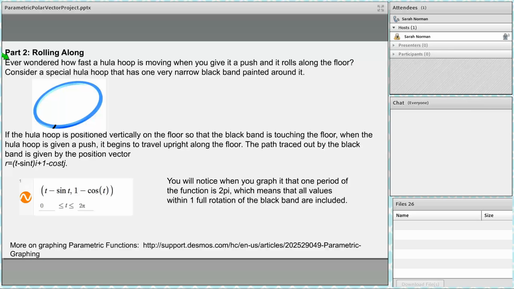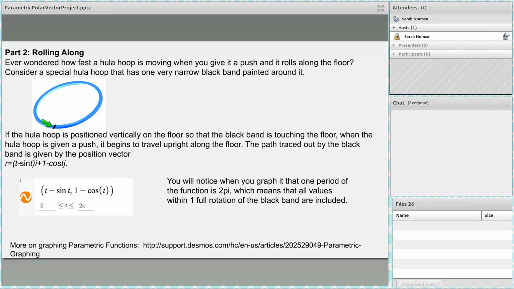So I think the hardest part about maybe this problem is using this figure provided and visualizing this. So let's suppose that you're standing on a flat piece of ground or concrete. You're holding a hula hoop in your hand so that one end of the circle is in your hand, the other end of the circle is touching the ground, and you're going to use your hand to push that hula hoop, and it's going to roll, I would say, perpendicular to the ground.